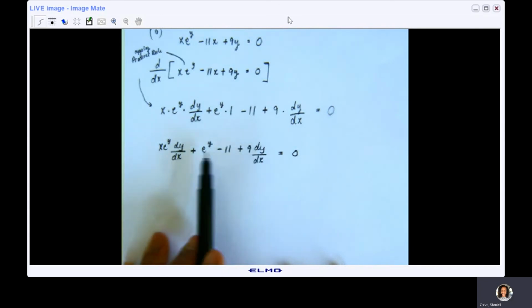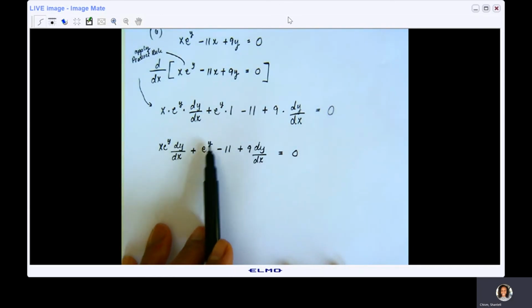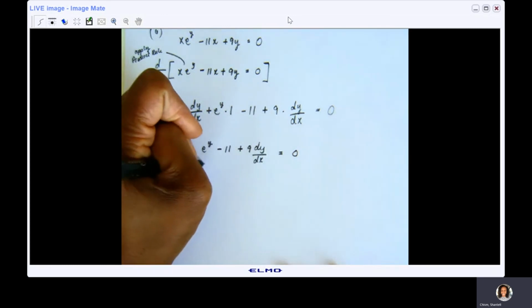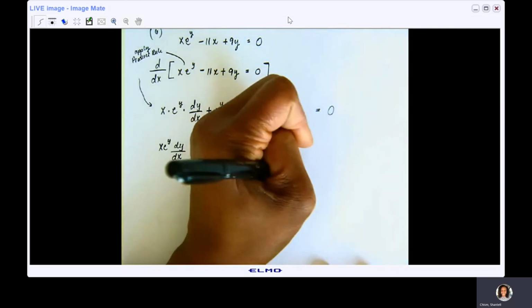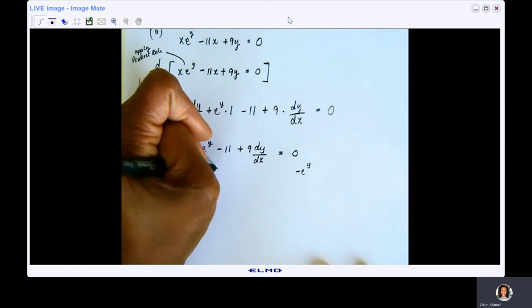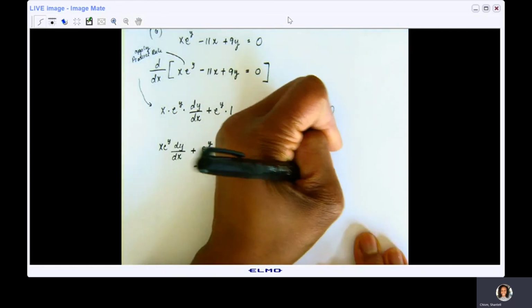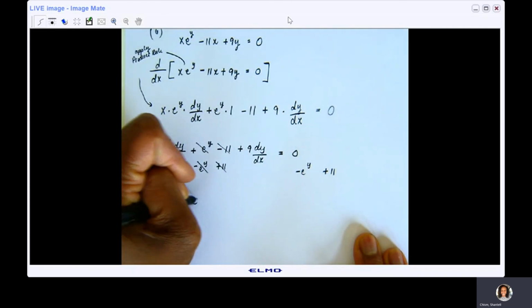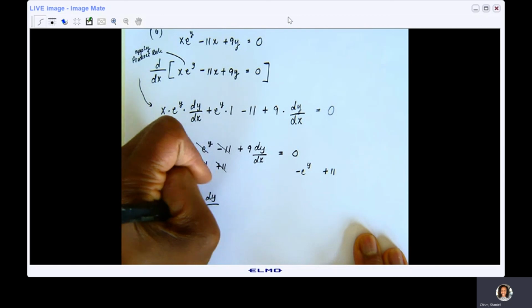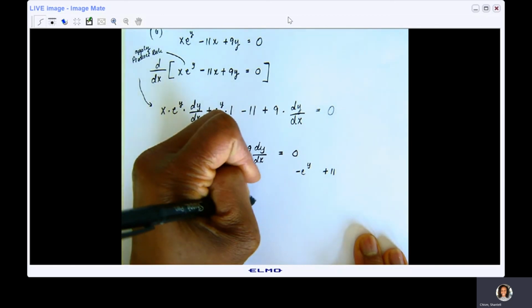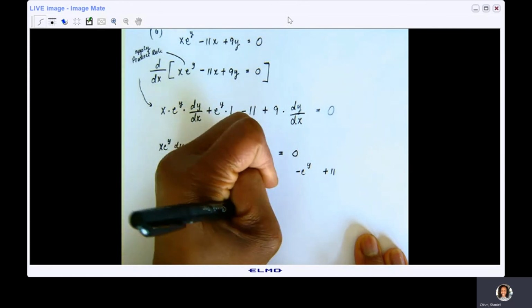The two terms that do not have dy over dx are e to the y and this 11, so they're both going to the other side. So this would be a minus e to the y, because it's positive right now. And this will be a plus 11. So it cancels there. So I've got x e to the y dy over dx plus 9 dy over dx.